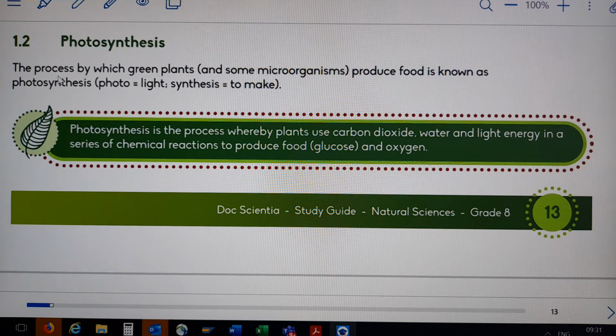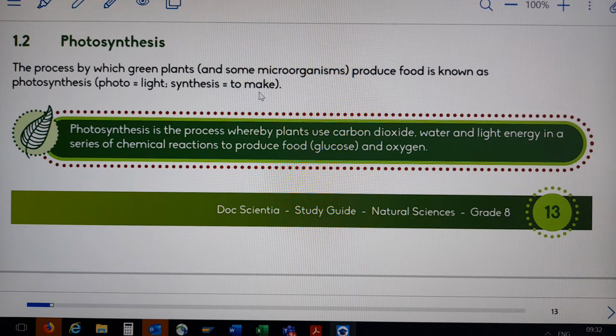It is the process by which green plants and some microorganisms, which is your bacteria and fungi, produce food, and this is known as photosynthesis. They break down the word photosynthesis into photo, which means light, and synthesis, which means to make.